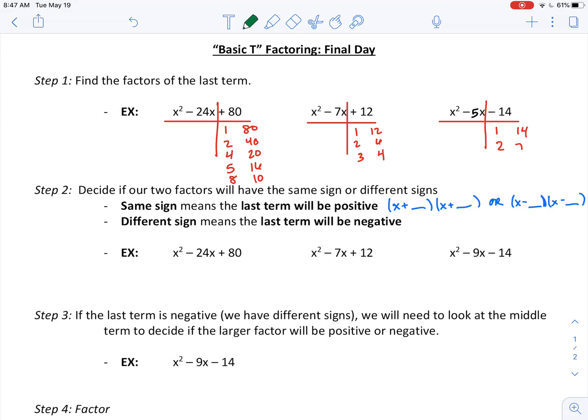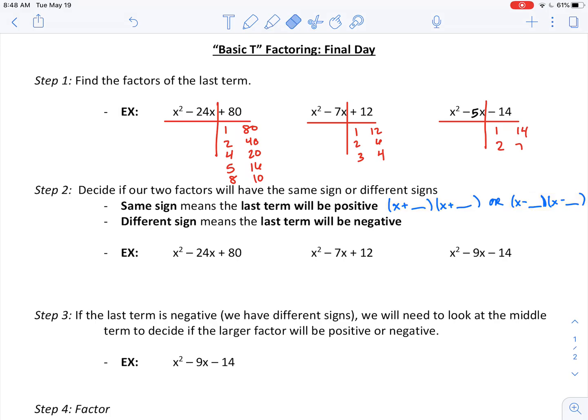So as long as my two factors are the same sign, my last term will be positive. So if my two binomials are x plus something, here a positive times a positive gets you a positive, or if they're negative times a negative also gets me a positive.